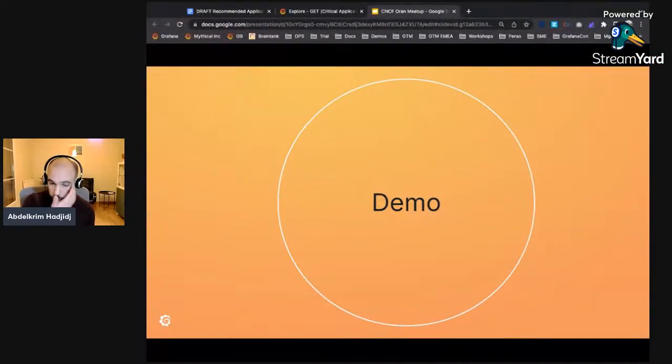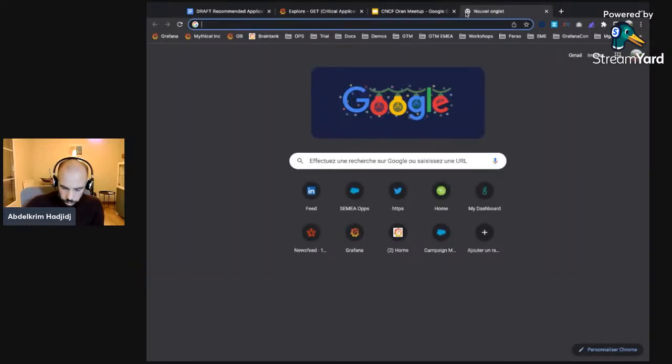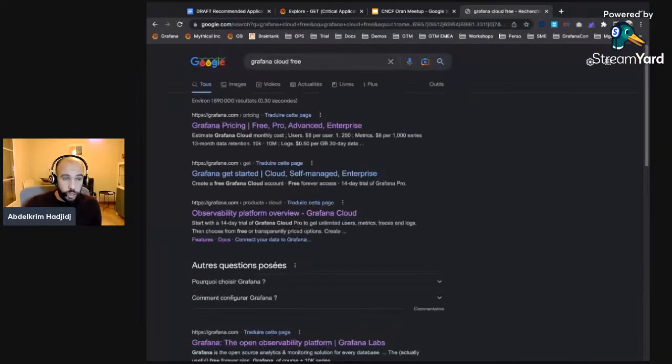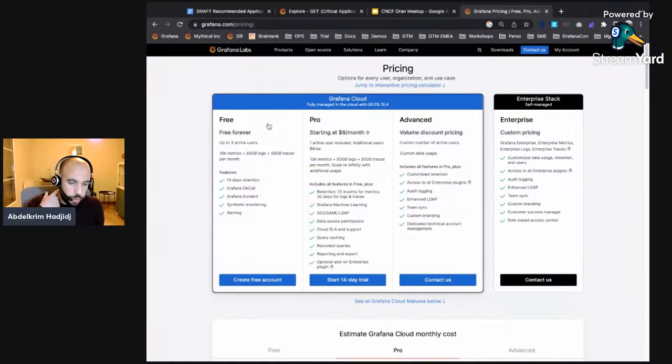So all this, what I'm showing here, is open source tools that you can download and deploy inside your environment and use. There is also a SaaS, a cloud version. When you go to Grafana Cloud, there is a free tier that you can create. You don't need to pay for it.